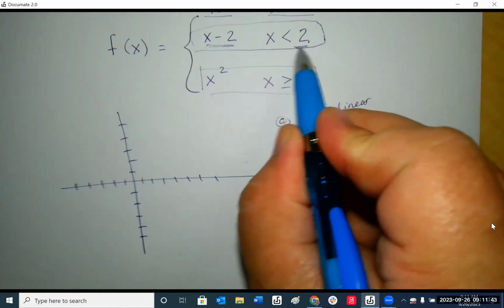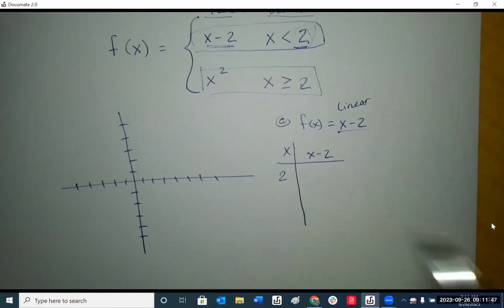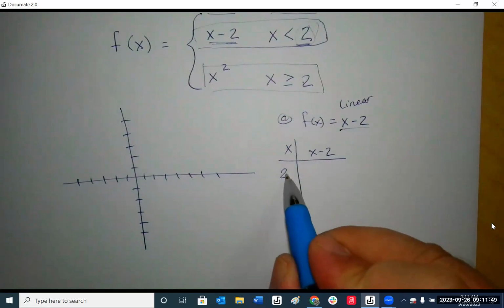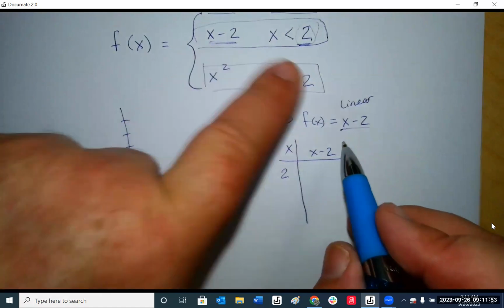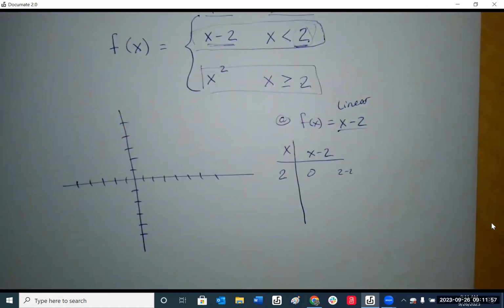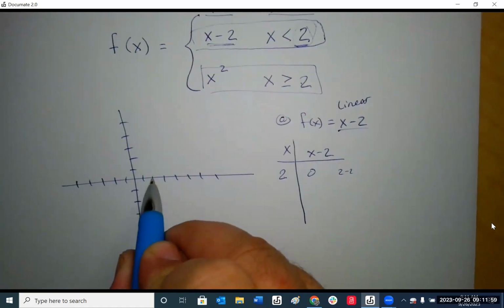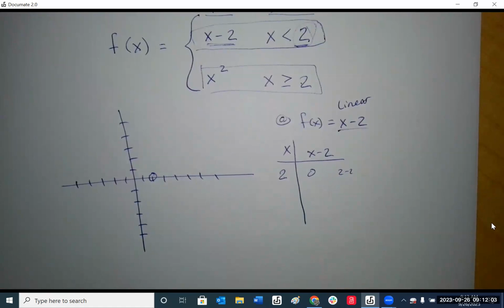Always start off from the endpoint. Even though you can't use it, I'll show you what we do with it. So when X is 2, we plug it into the equation for this one. So we have 2 minus 2 is 0. So when X is 2, Y is 0. I put an open circle there because I cannot use that 2.